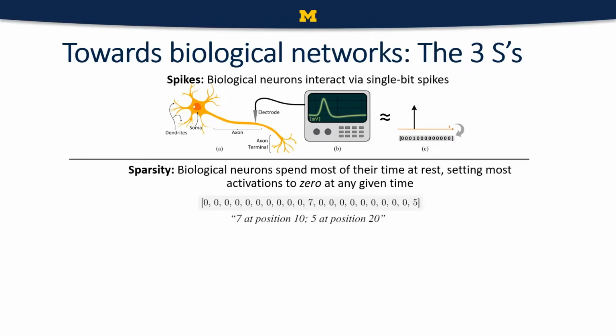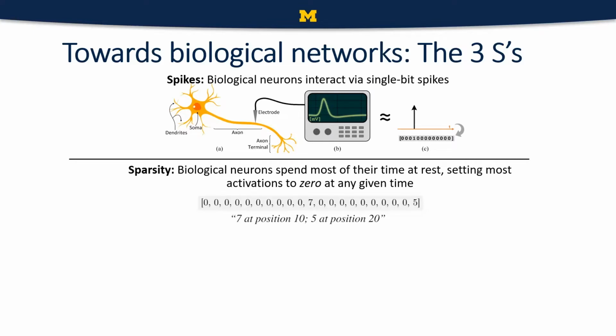So only storing the position of the non-zero elements is kind of like run length encoding. It's a far more efficient representation of matrices and vectors that are filled with zeros, right? Anything that's 0 is not occupying space in memory. That looks very similar to what the spike-based representation is.